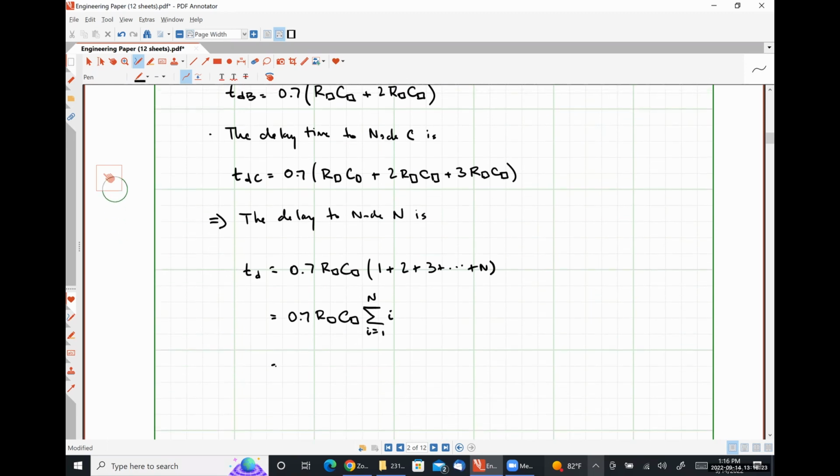And that summation is the same as 1/2 N times N plus 1.